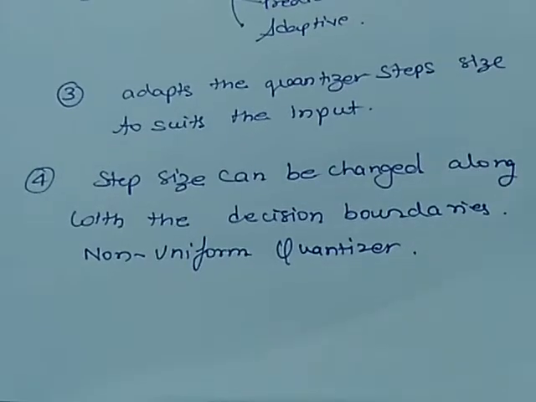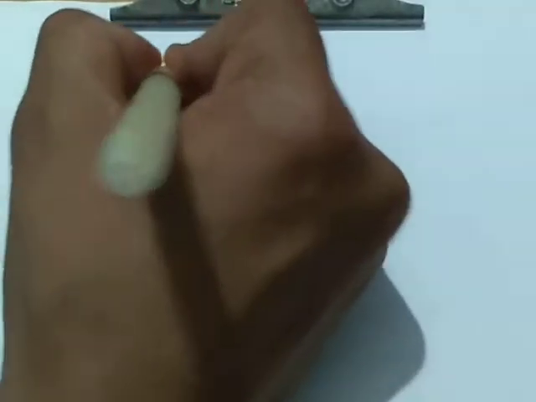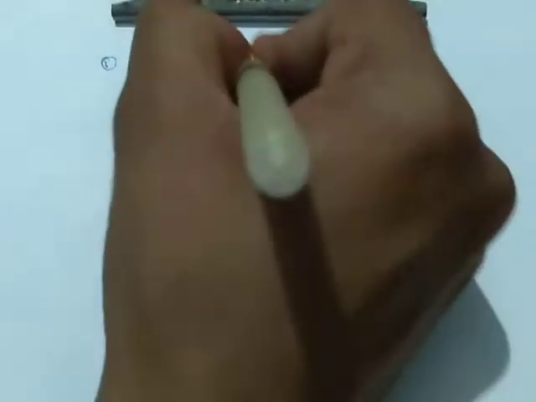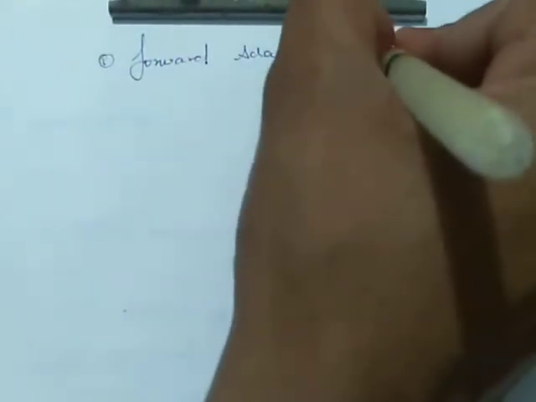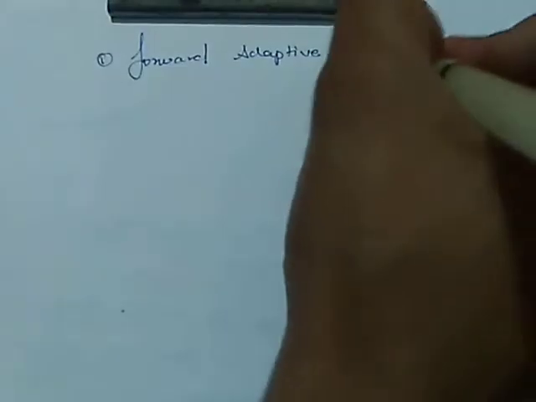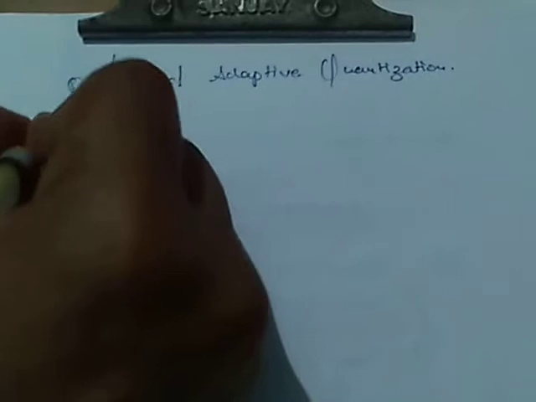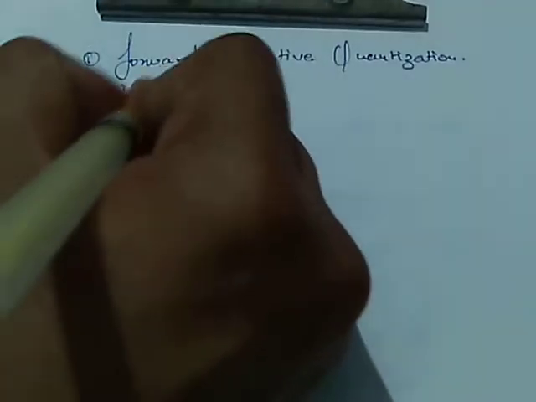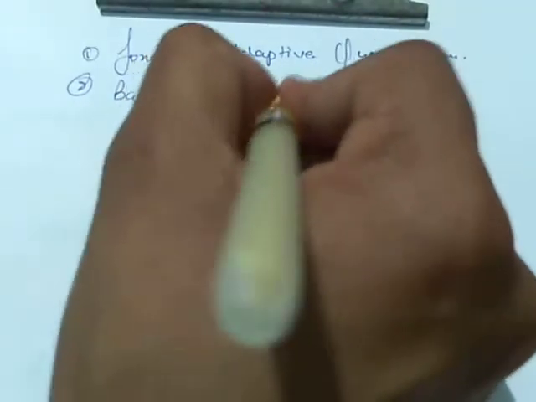In general, we have two types of quantization methods. Number one is forward adaptive quantization, and number two is backward adaptive quantization.